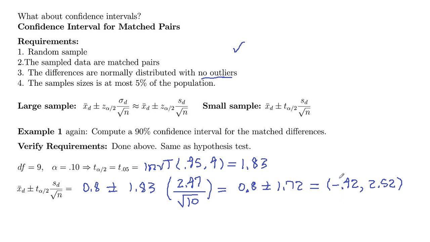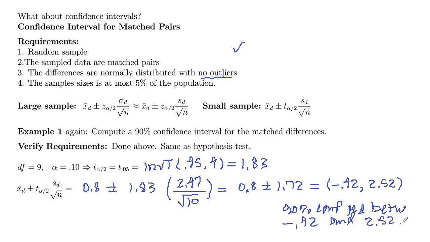And our interpretation of this interval, again, we are 90% confident that the true population mean difference, mu sub d, lies in that interval. So 90% confident that mu sub d is between negative 0.92 and 2.52.